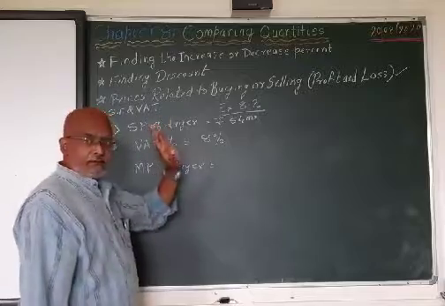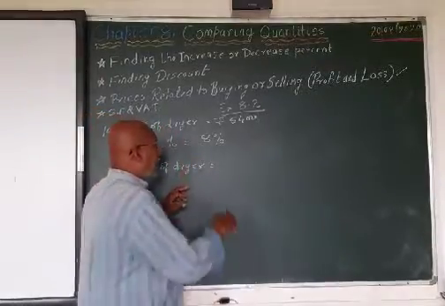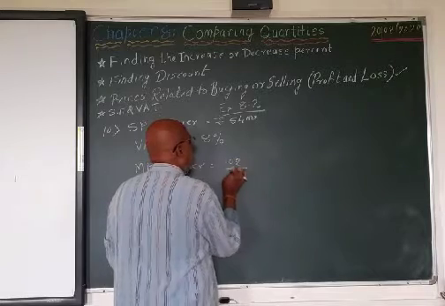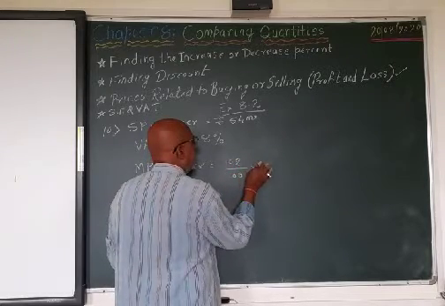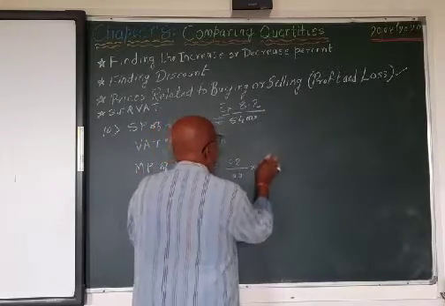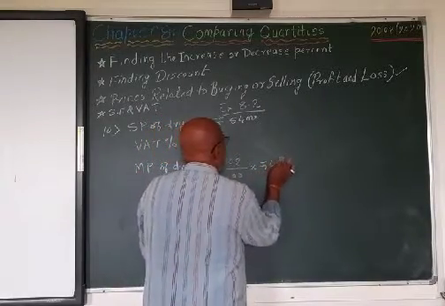So 100 plus 8 is 108 upon 100 multiplied by the selling price, that is 5,400.